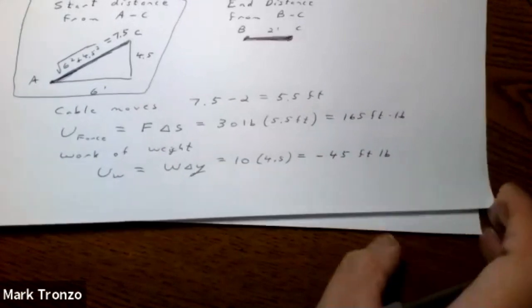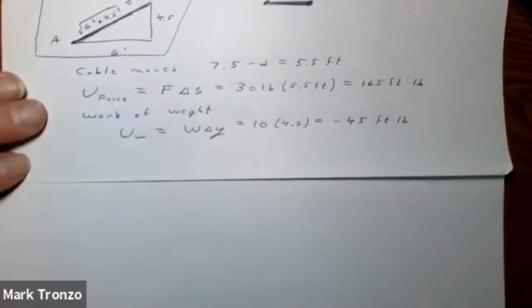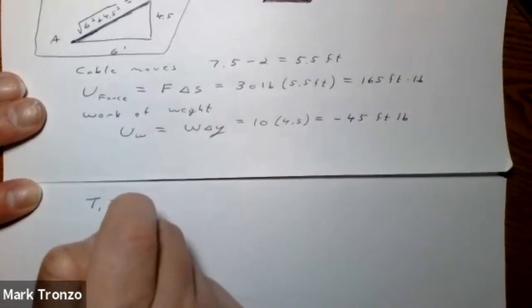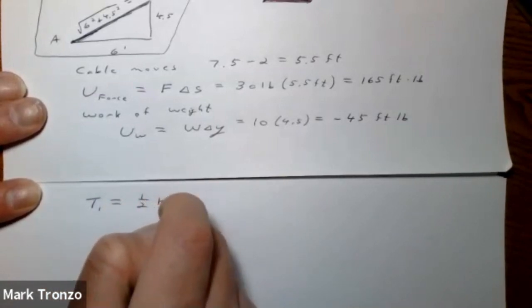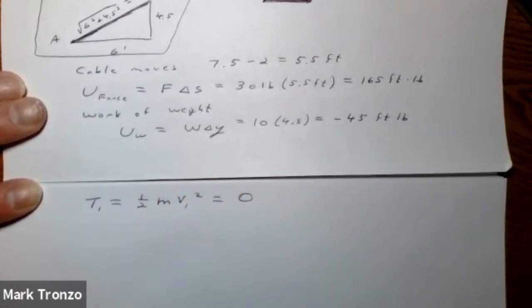So we get that. And so now that's the work done. And then we need our initial kinetic energy, 1/2 mv1 squared. Now it starts out from rest, so that's just gonna be 0.